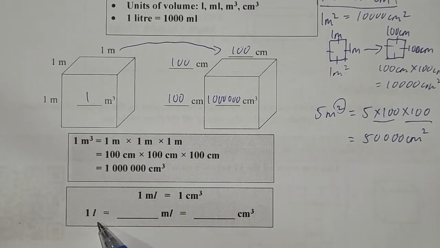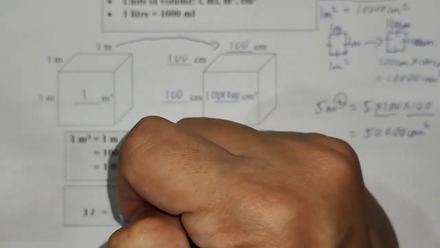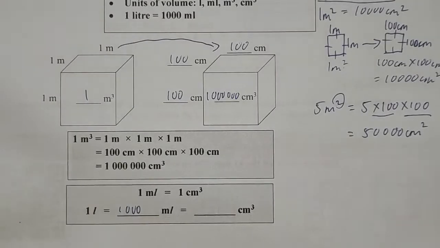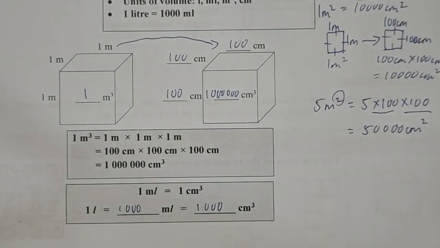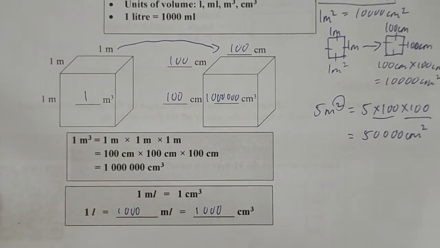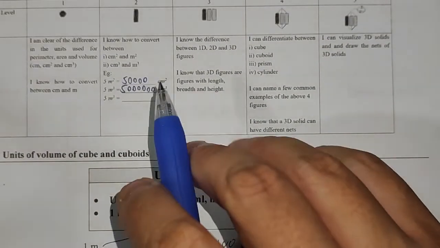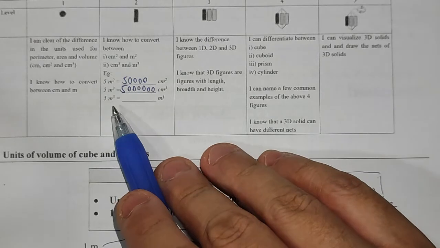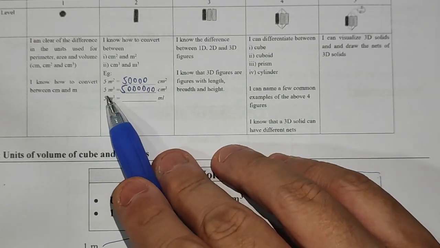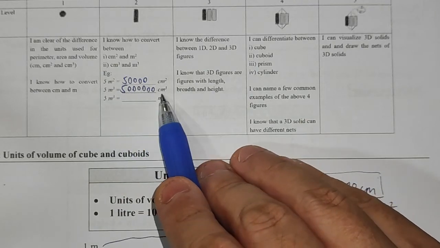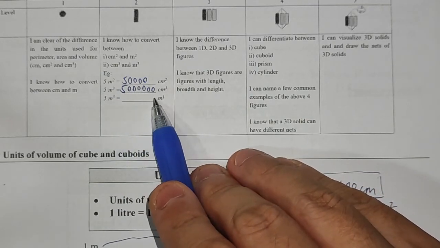So 1 liter is how many milliliter? 1 liter is 1000 milliliter, and since 1 milliliter is 1 cm cube, 1000 milliliter will be 1000 cm cube. Back to the objective: 5 meter cube is how many milliliter? It is basically the same as asking 5 meter cube is how many cm cube.